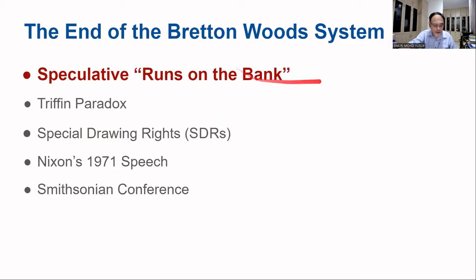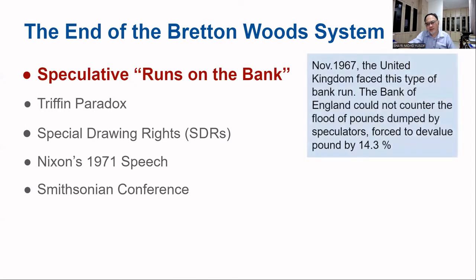But because of speculative runs on the banks, it was the same old problem, right? You sell money and you don't want to keep the currency. So in November 1967, the Bank of England could not counter the flood of pounds dumped by speculators because they were supposed to buy back, but they could not. So they were forced to devalue the pound by 14.3%.